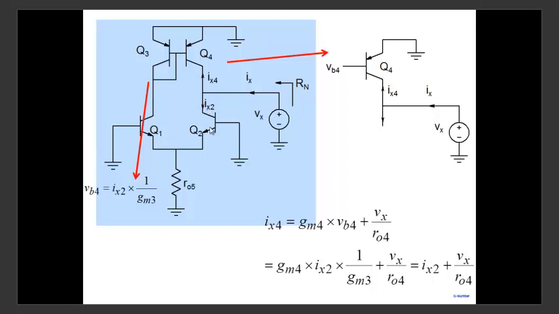This is like a current mirror. So whatever current IX2 is here, IX2 flows here also. But in addition to the current mirroring action, we've also applied a voltage Vx at this particular node. And that's why this current is there, Vx by R04. So that's why we end up with an IX4, which is IX2 plus Vx by R04 here.